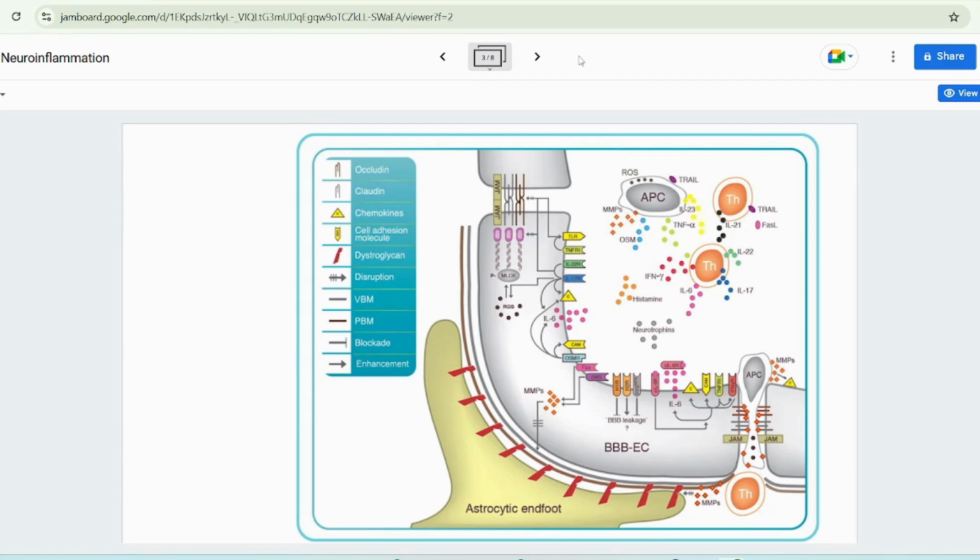Immune regulatory cells such as T regulatory cells are important in suppressing excessive immune responses through the release of anti-inflammatory cytokines such as interleukin-10 and TGF-beta, which help maintain immune homeostasis.